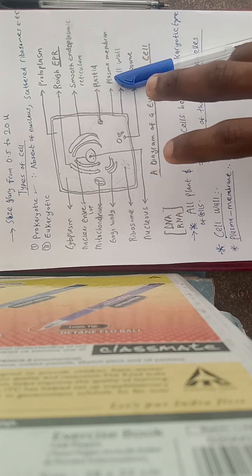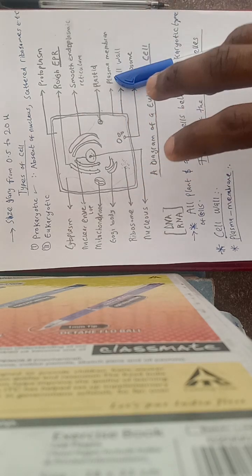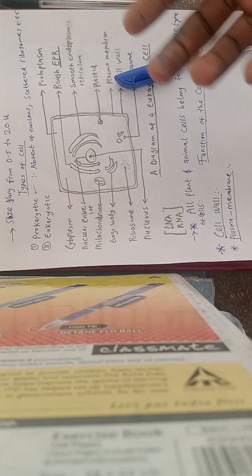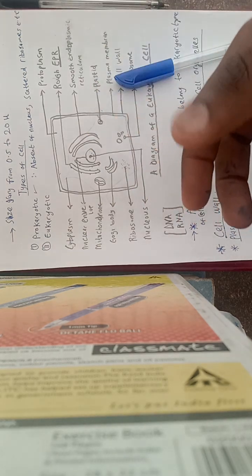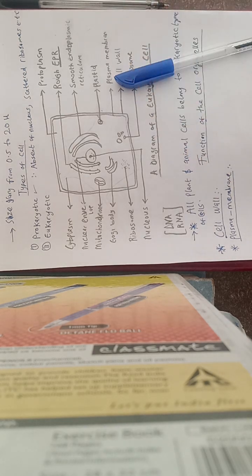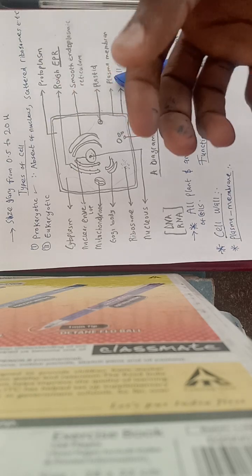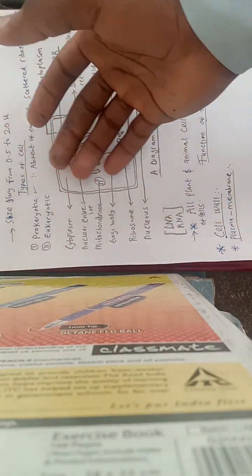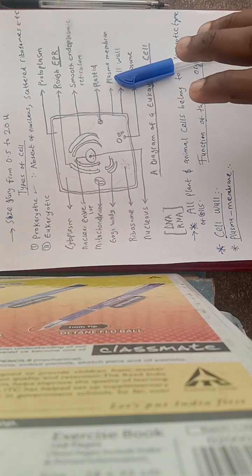Osmosis is the movement of water molecules from the region of lower concentration to the region of higher concentration in a semi-permeable membrane. And diffusion is the movement of gas molecules from the region of higher concentration to the region of lower concentration. I hope you understand that, guys.